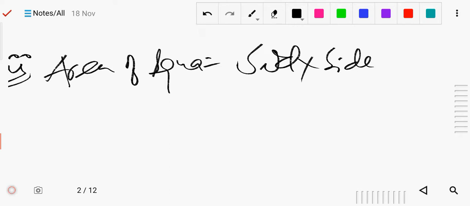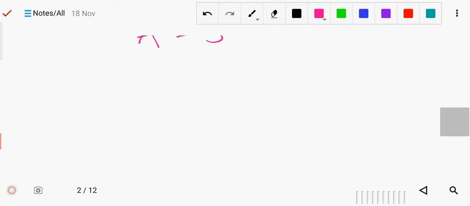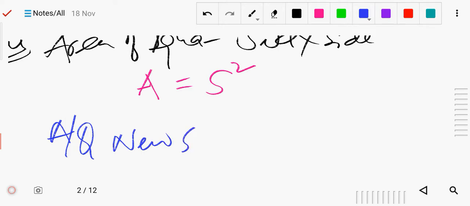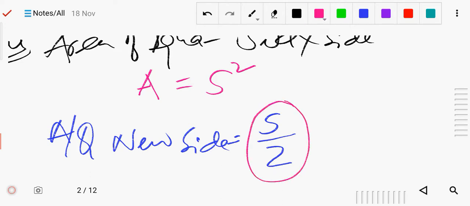So you can write the area A equals side squared. Now according to the question the side is changed, the new side became half. Halved means the original side S is now S by 2.